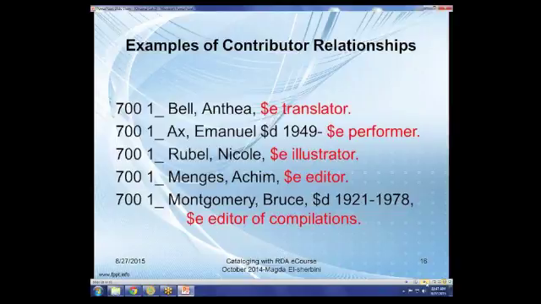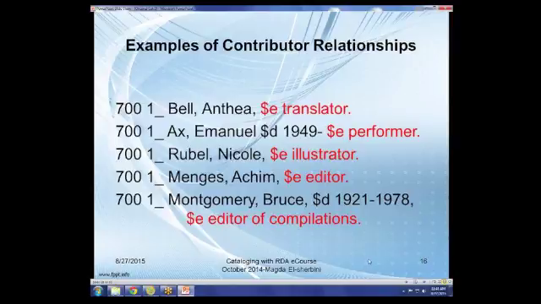Contributor relationships. Now, again, we are using the word contributor here to mean that these are not creators of an information resource as such, but that they have assisted in bringing this information resource into the physical world. For instance, by translating it from one language to another, by performing a role, by illustrating a work, editing it, or compiling it.